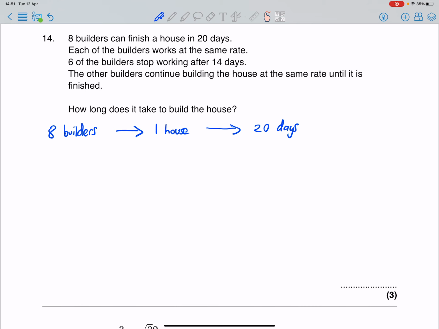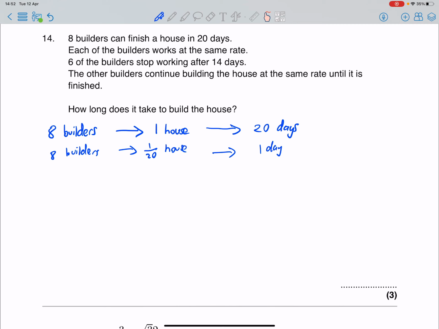So it says 6 of the builders stop working after 14 days. So essentially, we need to work out how much of a house is built after 14 days and how much of that house is left. So if I still have 8 builders, but divide the number of days by 20, so it gives just 1 day, then we expect to build less of a house, namely 1/20th of a house.